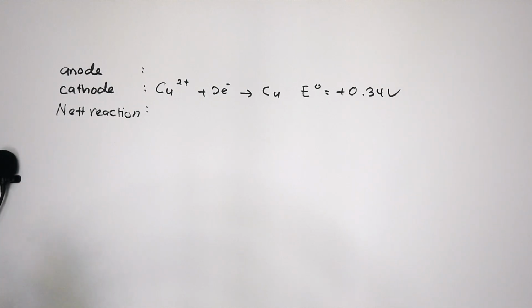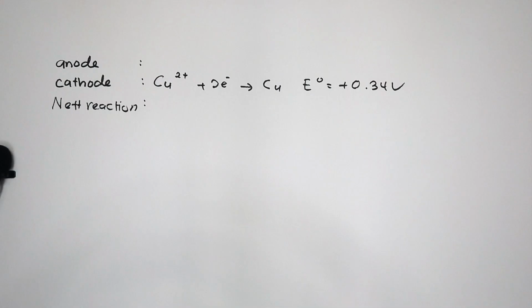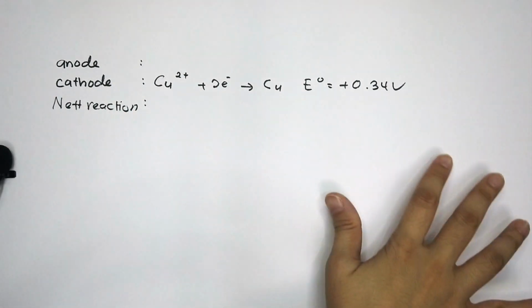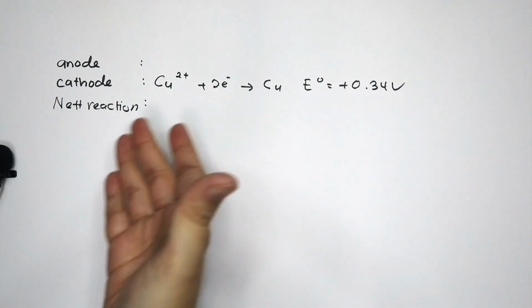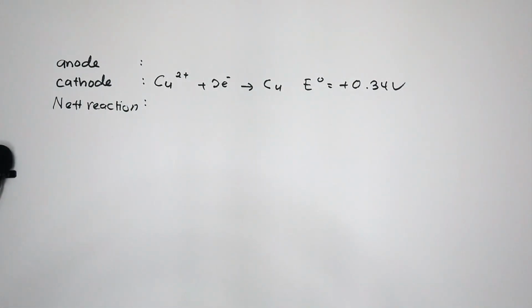Alright, and for the anode, in the table it is reduction, but you know that at the anode it follows the oxidation. At the cathode, it's very straightforward. You can just follow the table. You do not have to change anything because the cathode follows the reduction reaction. But at the anode you will follow the oxidation instead. So you need to twist the equation.